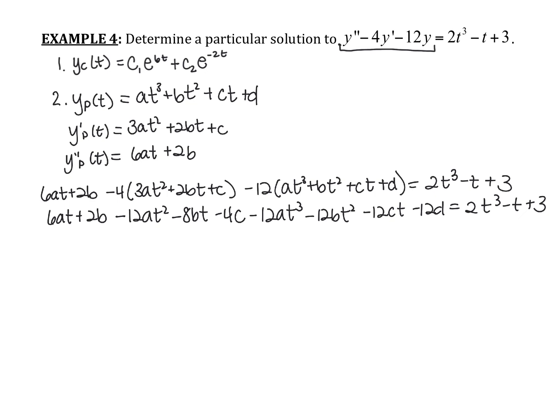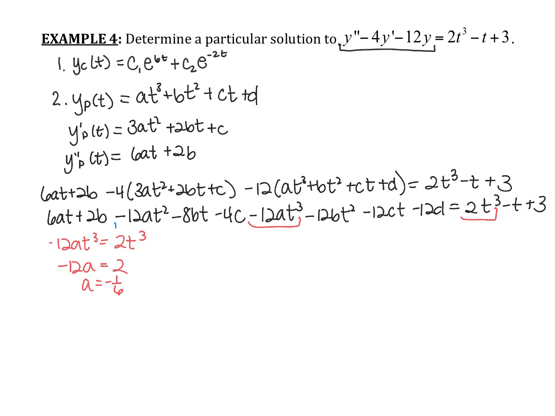So starting with my t cubed, the only t cubed I have is this negative 12at cubed, which has to equal 2t cubed. And that's where Jake was explaining that that would be the only time we're going to get t cubed is before taking derivatives. So a has to be negative 1/6. Now, if we start to gather other like terms, let's go to t squared.